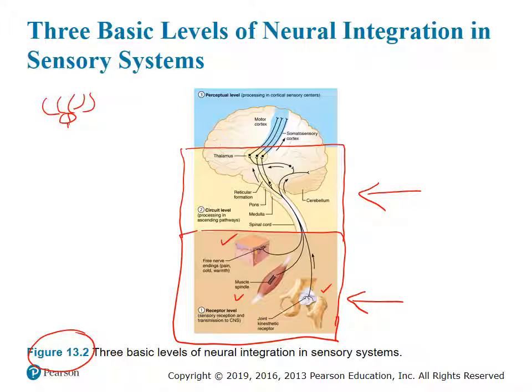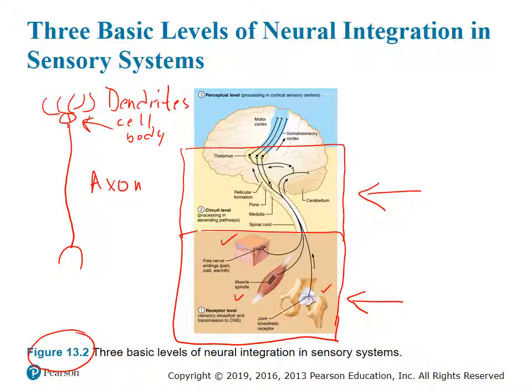And in fact, it goes like this, and then it has this here kind of thing, where these are the dendrites. So that would be the cell body here. This would be the axon. This would be the end bulb or the end plate.